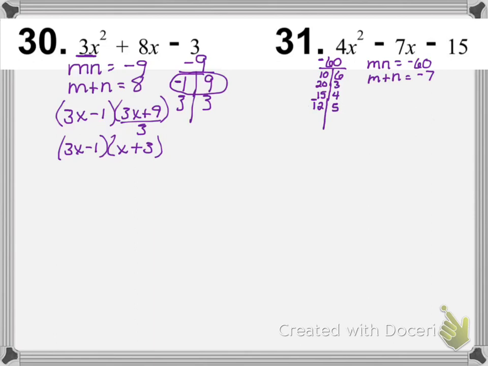It was really hard to write that, but anyways, let's go ahead and split it up. We've got 4x plus 5, 4x minus 12. This one's too big, so we go ahead and reduce it. So we got 4x plus 5 and x minus 3.